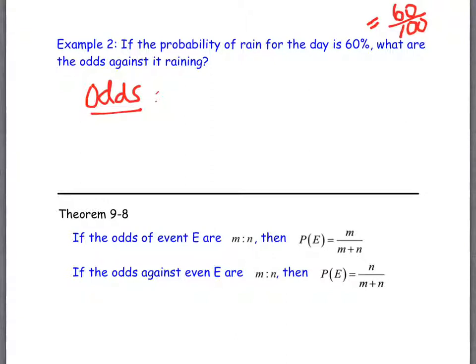Right, 60 would be the chance that it does happen. We want the odds against. Right, 40 over 60. You have to be really careful because that word will kind of sneak up on you. This one said odds against it happening, so you'd have the likelihood that it doesn't happen, that's the 40 or 40%, compared to the likelihood that it does on the bottom, which is 60, and this will reduce to what?